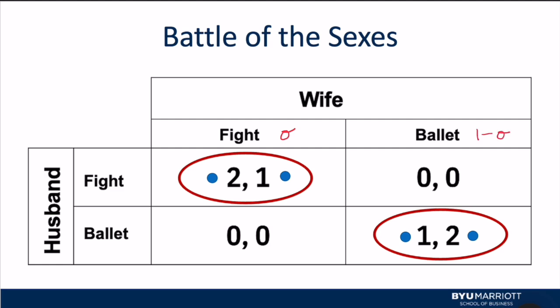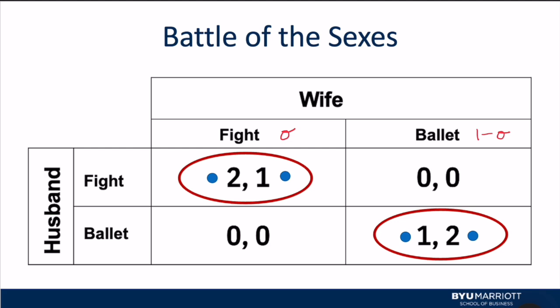Remember that probabilities always add up to 100% or to 1. So it could be a 50-50, it could be a 60-40, 70-30.